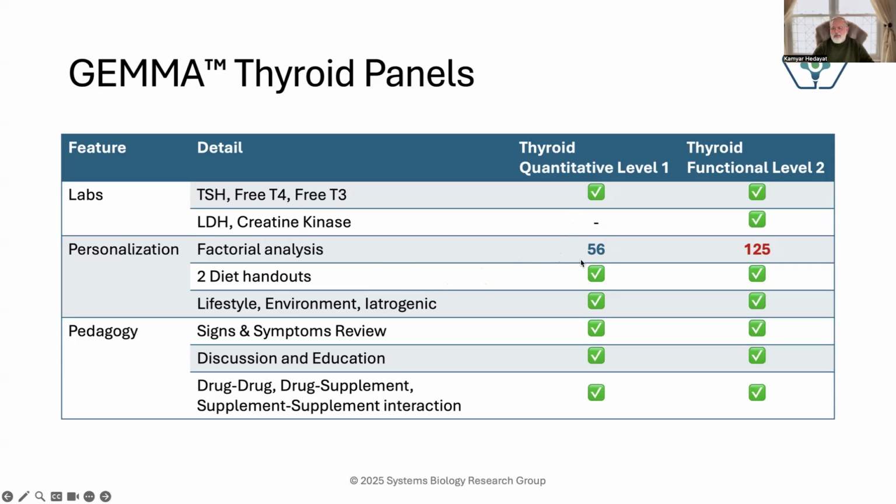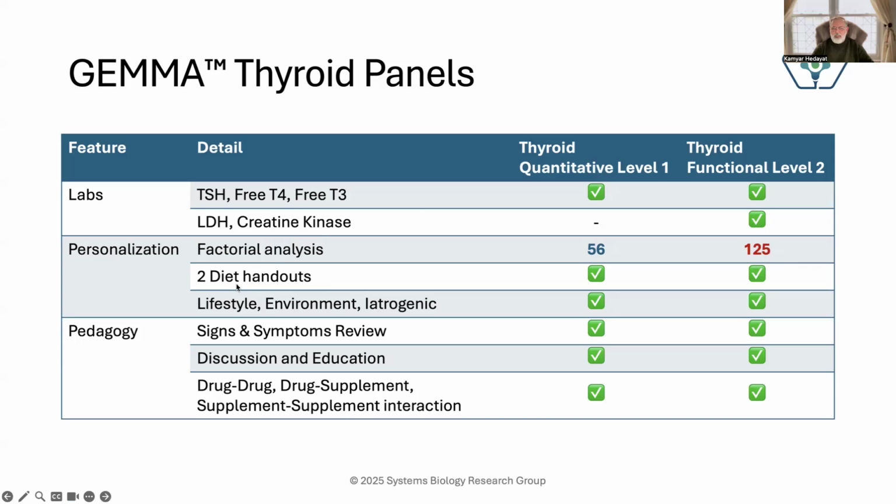The thyroid quantitative panel uses 56 different levels of analysis in order to arrive at its conclusions, thanks to the ability to use these ratios I mentioned earlier, TSH over free T4 and free T4 over free T3. The thyroid functional panel with the expanded lab profile, including the two enzymes, uses 125 different levels of decision making to deliver a highly personalized report that you can share with your patient.